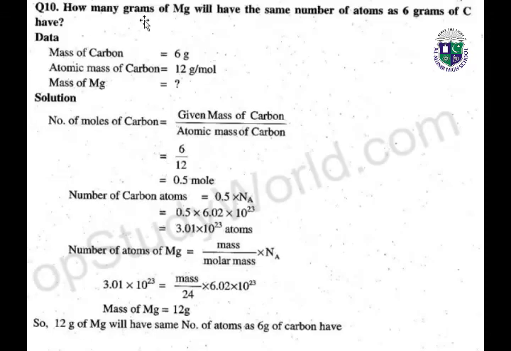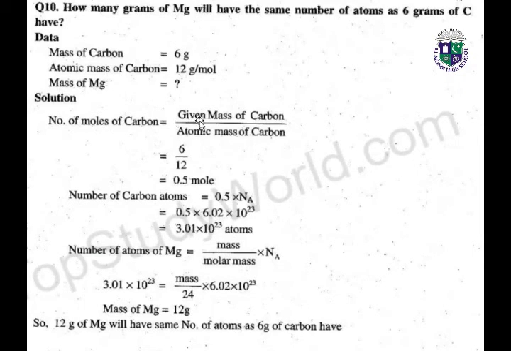Question number 10, how many grams of magnesium will have the same number of atoms as 6 grams of carbon have? So the mass of carbon is 6 grams, which is given in the question. The atomic mass of carbon is 12 grams per mole. We know about it. Yes, the mass of magnesium we have to find. First of all, we calculate the number of moles of carbon, as we have studied in the last topic of unit number 1.